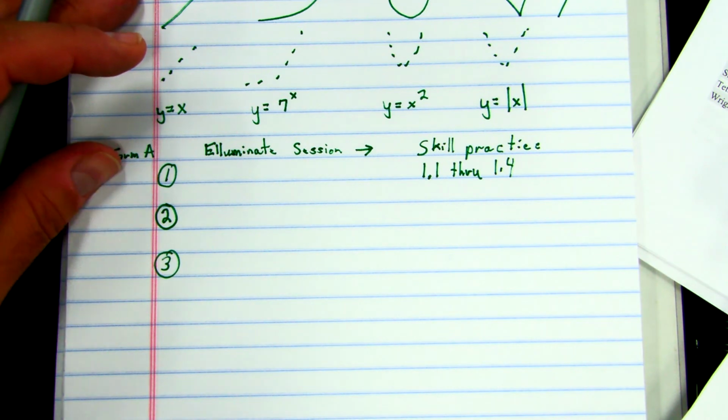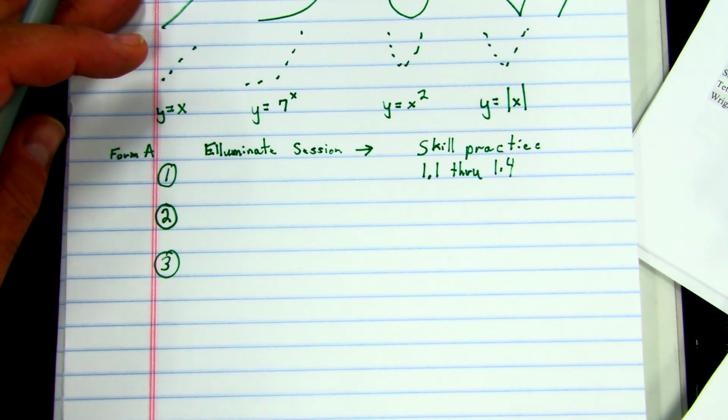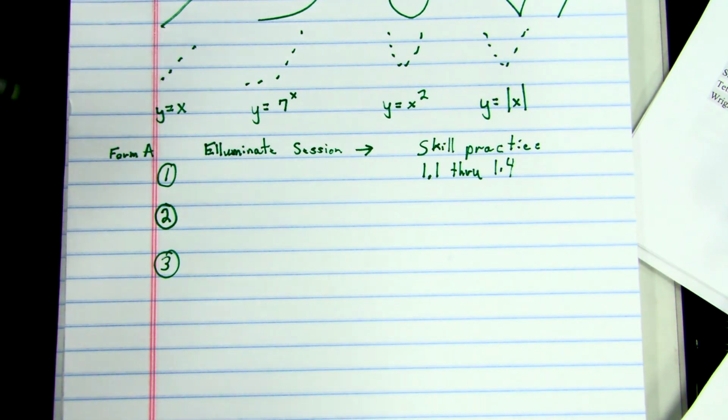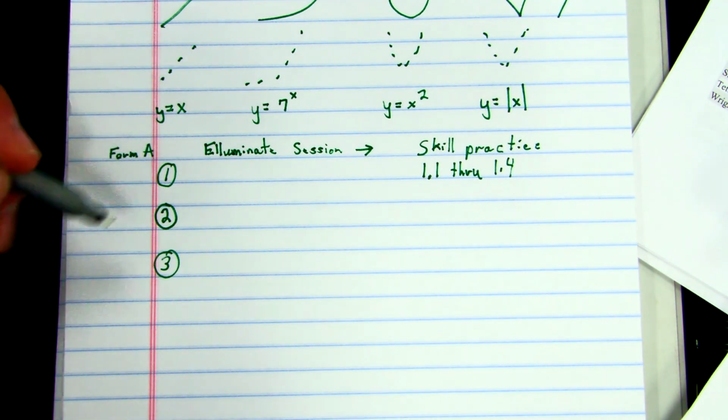I have approximately 4 tests every 9 weeks. We're on a 9-week basis. So I appreciate your time. And the next video is going over test Form A. Forms A, B, C, and D are all the same questions. The questions were just scrambled.